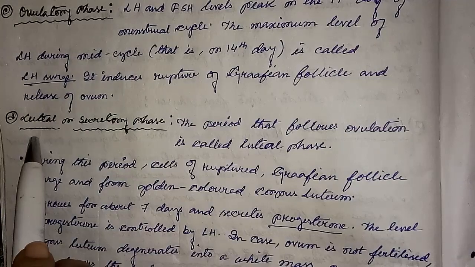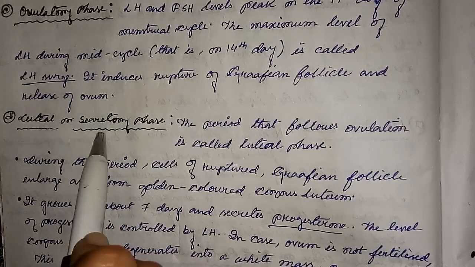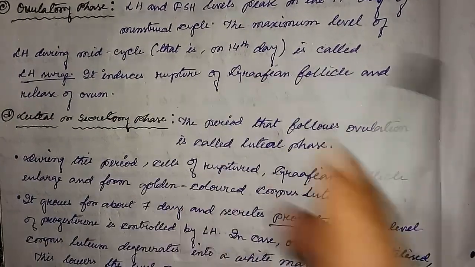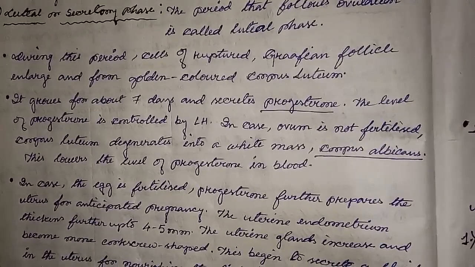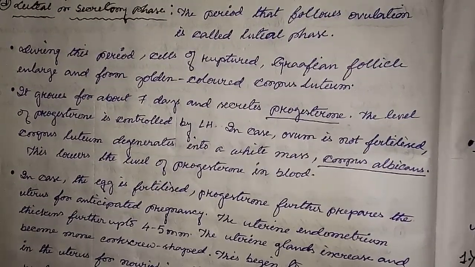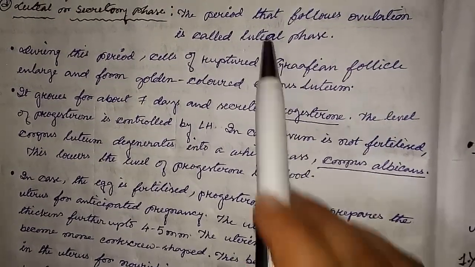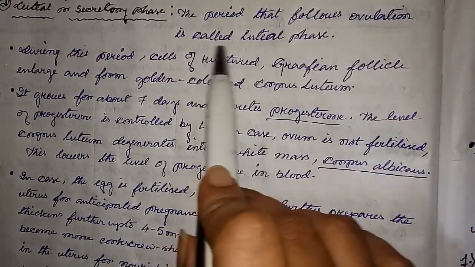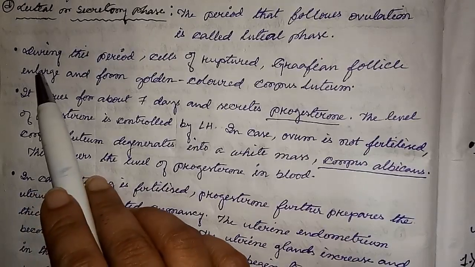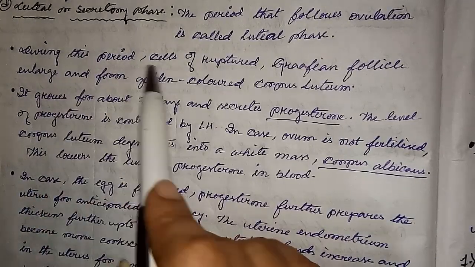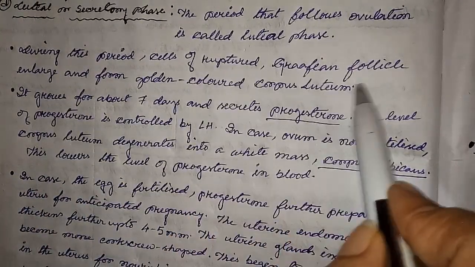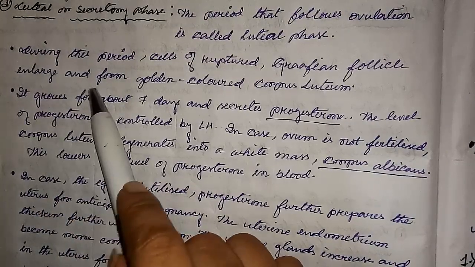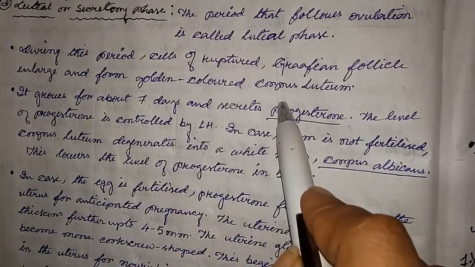Now the last phase is luteal or secretory phase. The period that follows ovulation is called luteal phase. During this phase, cells of the ruptured Graafian follicle enlarge and form the golden colored corpus luteum.